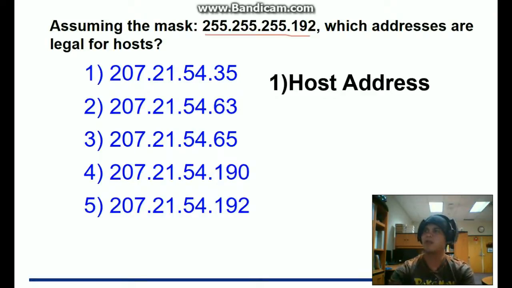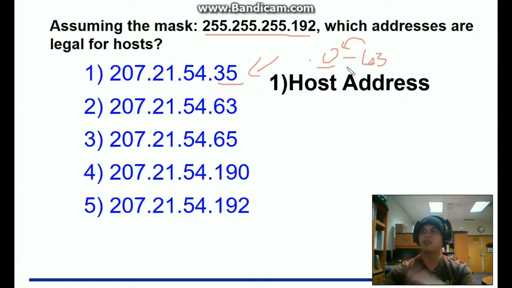So our rotator is 64, and that means our subnet ID for this address right here is .0. So anything from 0 to 63, this subnet ID owns. So 35 is right in the middle of it, so it is a valid host address.